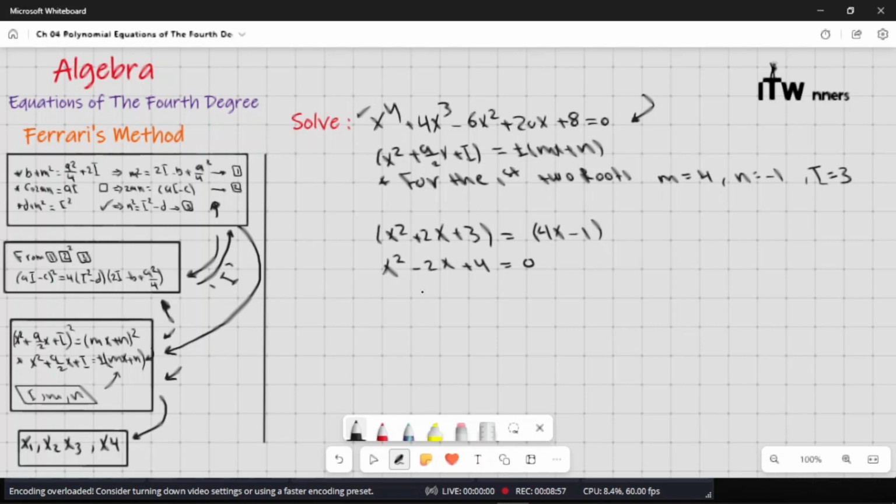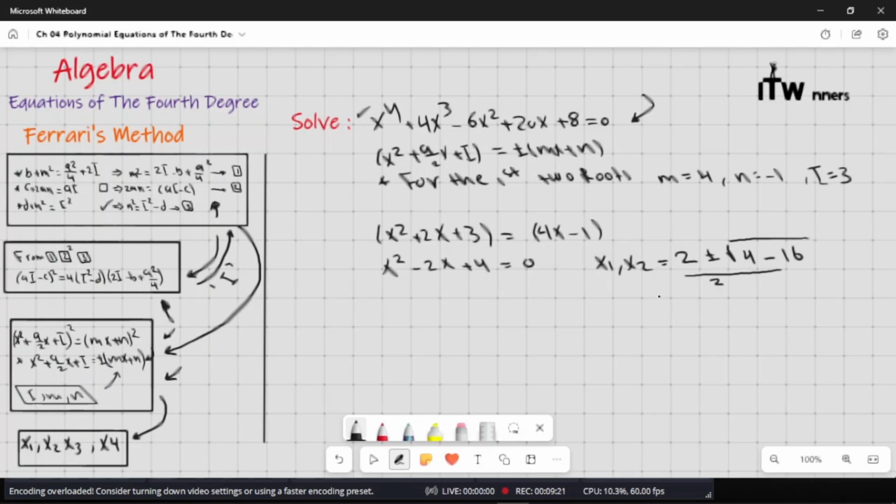So here x1 and x2 equal to 2 plus or minus square root of 4 minus 16, over 2.